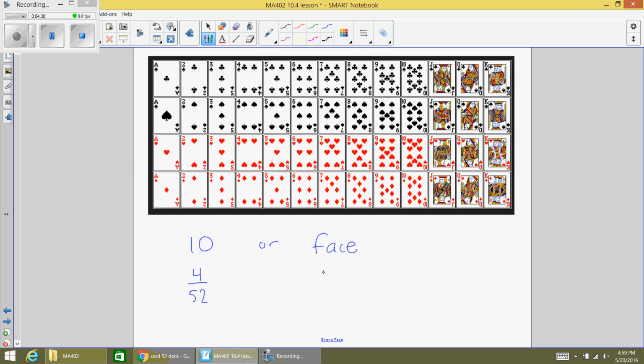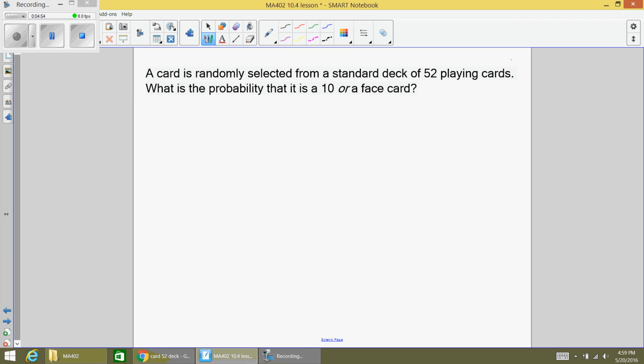What's the probability of grabbing a face card? 12 out of 52. Are there any face cards that are 10s? No, there's not. So you add and you get 16 out of 52. So let's come back here. The probability is 16 out of 52 or 0.31 or 31%.